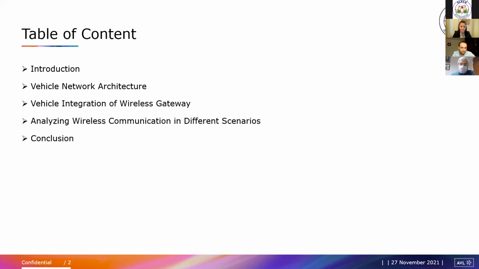The integration phase of the wireless gateways to the vehicle is the third topic, and analyzing the measurements of the wireless communication is the fourth one. Then I will finish with the conclusion with the outputs of the project.